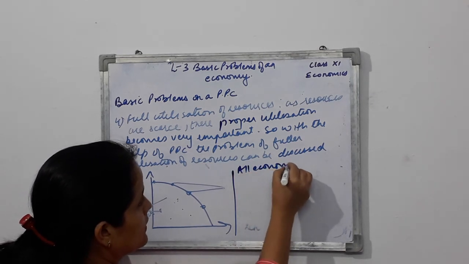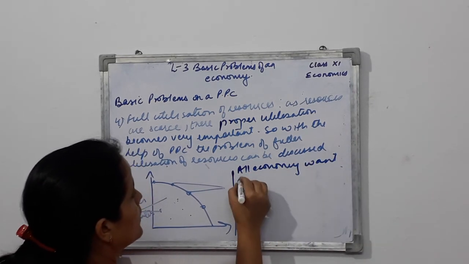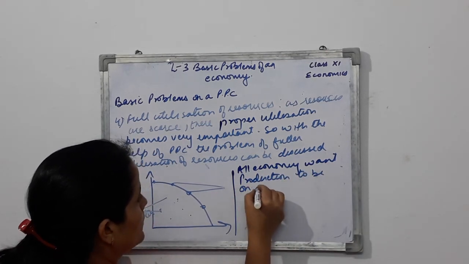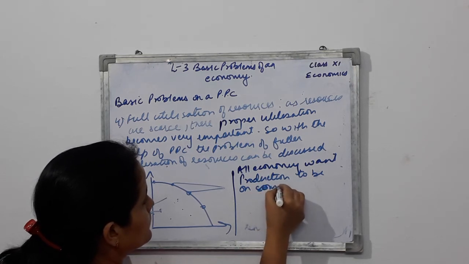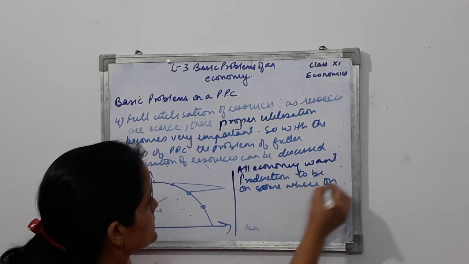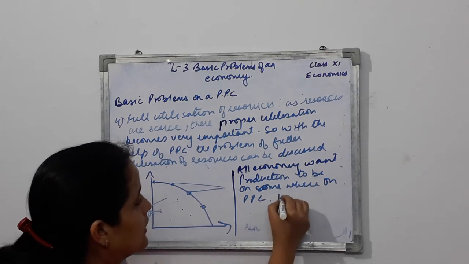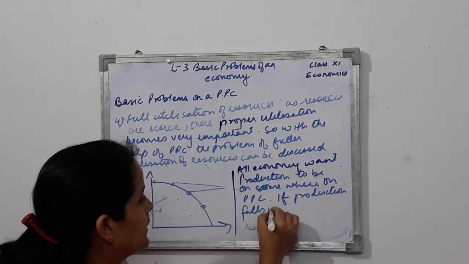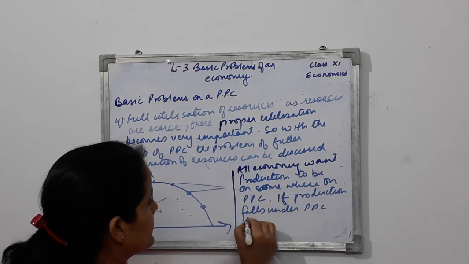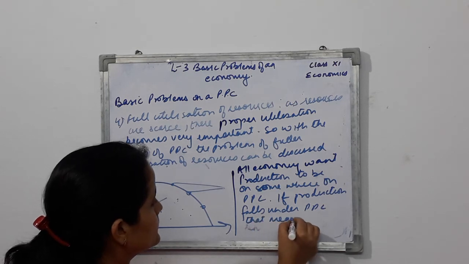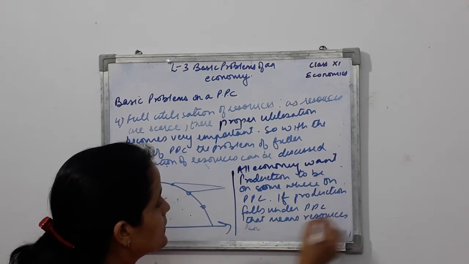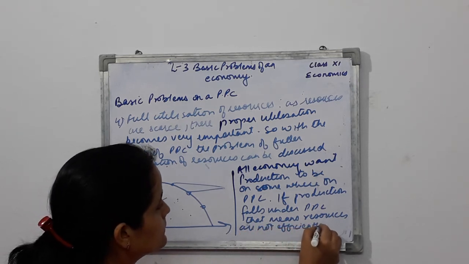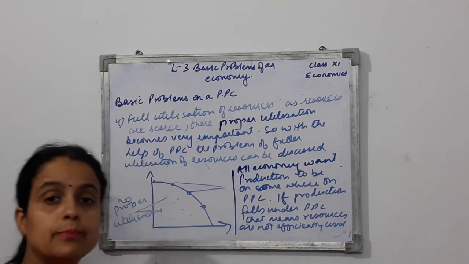Every economy wants production to be somewhere on the PPC. Right? If production falls under the PPC, that means resources are not efficiently used. This is a very, very important point.